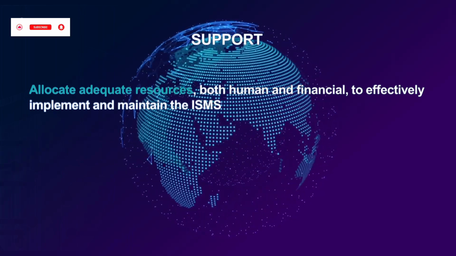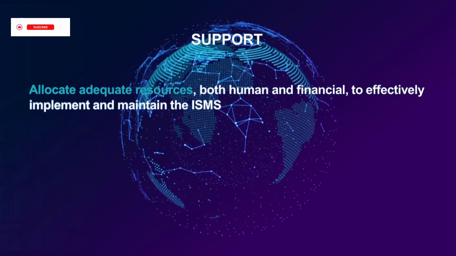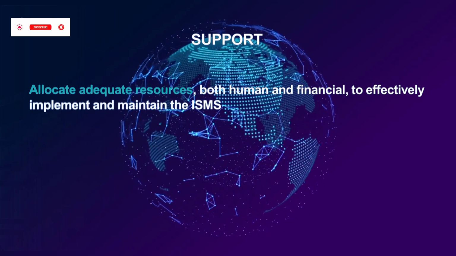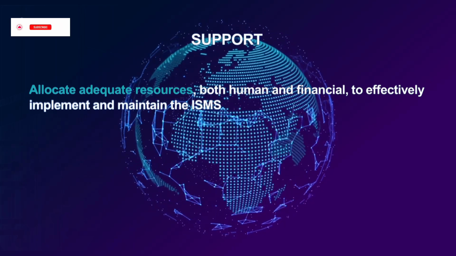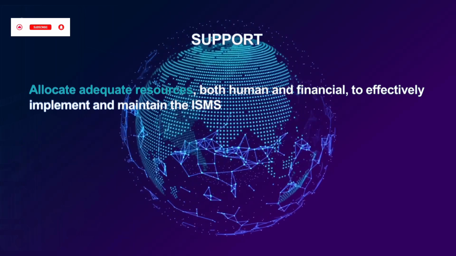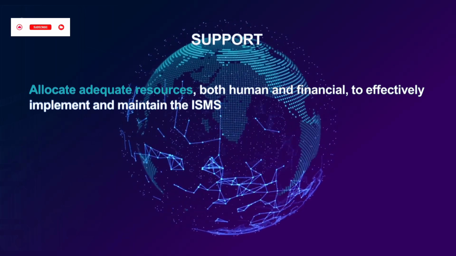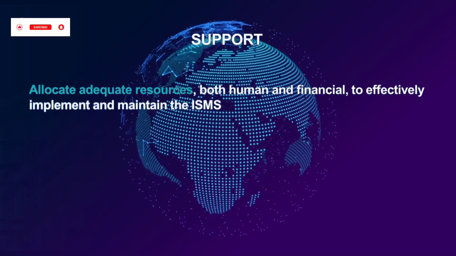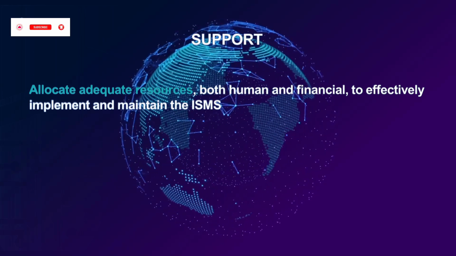So if we are going to buy all these fancy tools and all this stuff to build secure system, we are going to need a budget. We are going to need a schedule, we are going to need a lot of stuff. So we are going to have to allocate those resources out so that we know what we have to work with to effectively implement our plan.